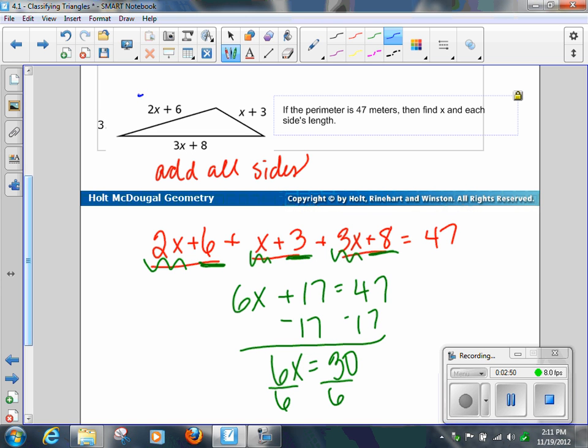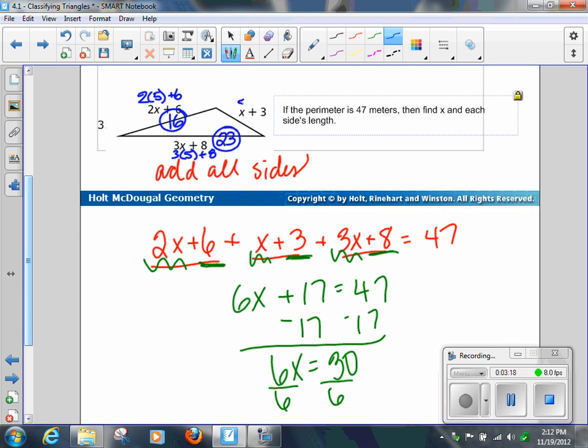So here we go. 2 times 5 plus 6. 2 times 5 is 10. 10 plus 6 is 16. So this side is 16. The bottom, same thing. 3 times 5, which is 15. 15 plus 8 is what? 23.